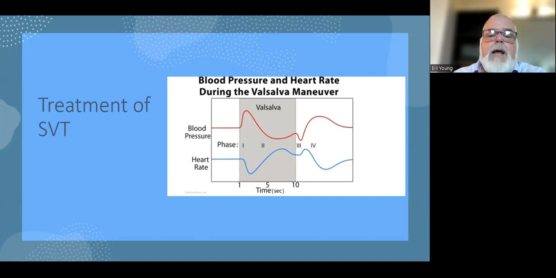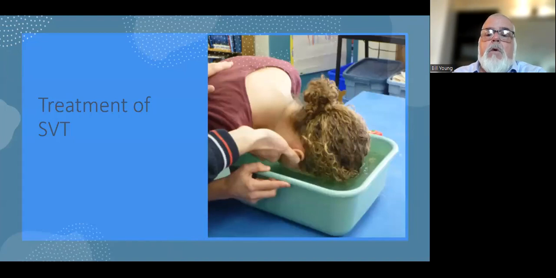electricity. Now, Kara, here's the one that I was telling you about that is a little bit different. One of the things that we can do with young children, and I'll be very honest with you, I've never ever had to use this method before, is that we would have them put their face down into a container of ice cold water. There's a couple of things that happen here.